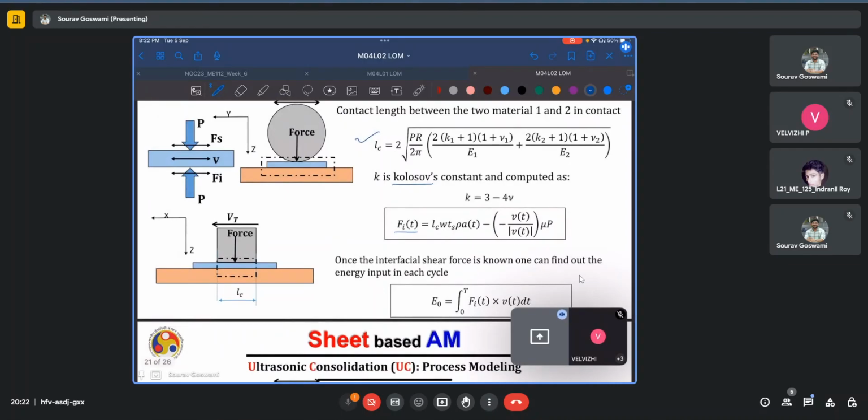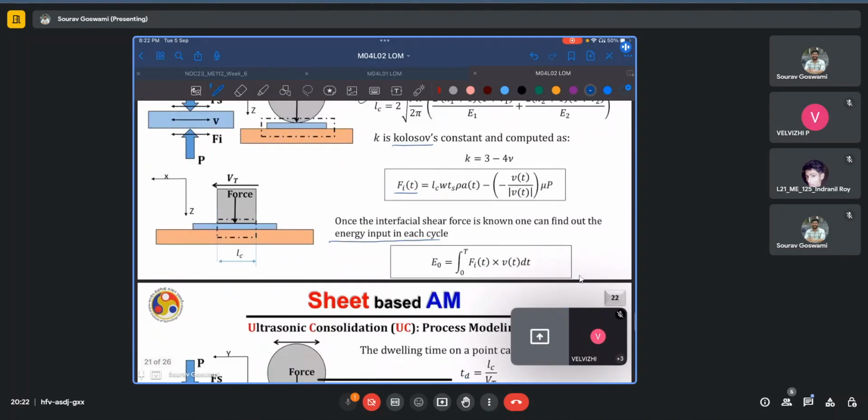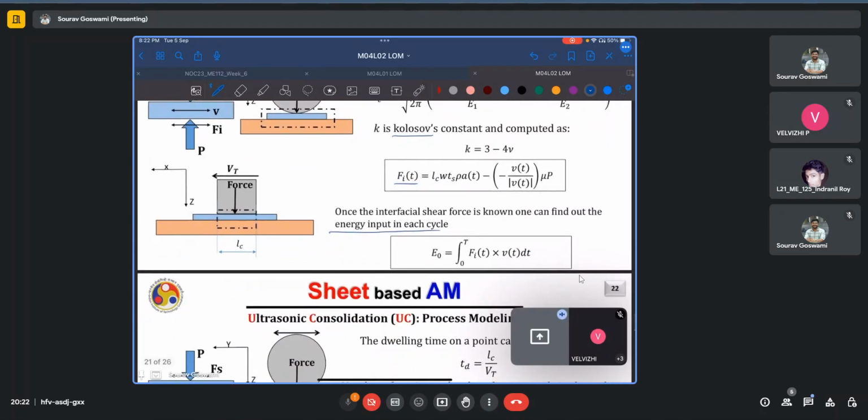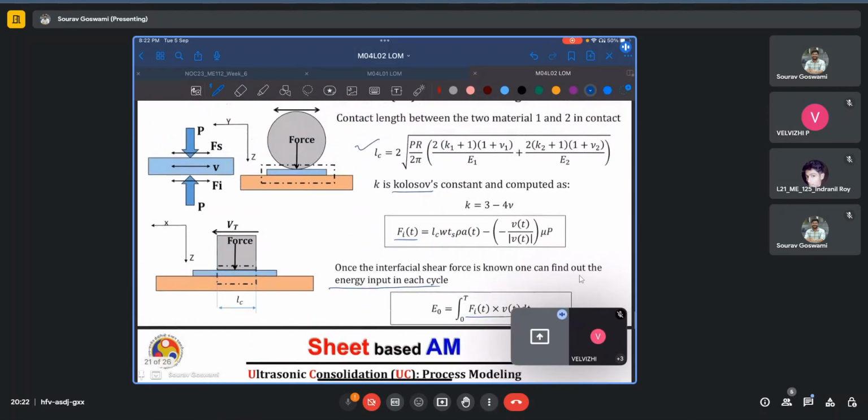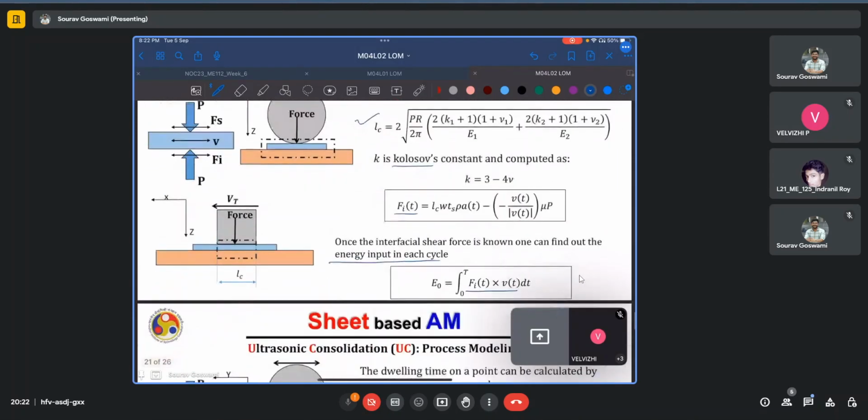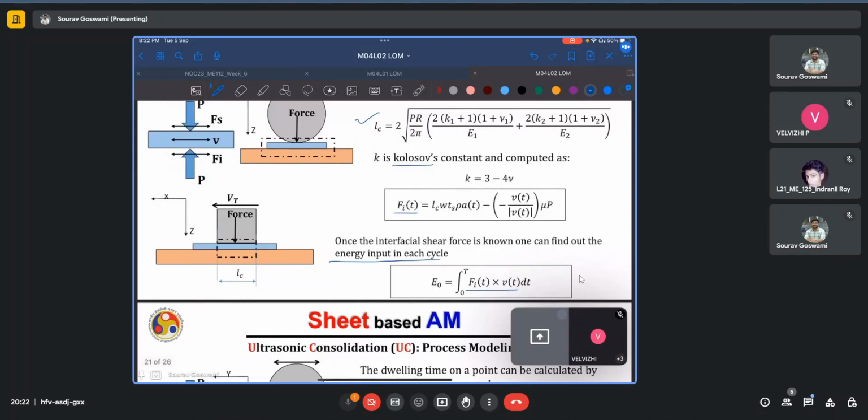And once the interfacial shear force is known, we can also find the total energy input. So here the energy input is nothing but the interfacial force times the velocity in the vibrating direction. And so this force times velocity is actually power. And this power integrated over time will give me the energy.